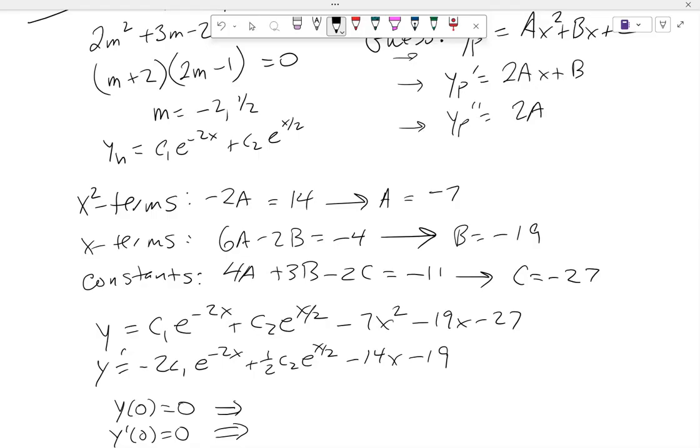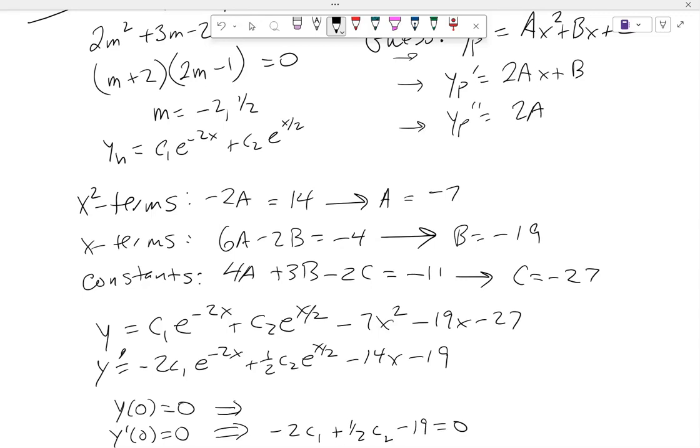What do you get when you put 0 into the original function? That's the derivative, but yeah, I'll do that one. Negative 2c1 plus 1/2 c2. There's another piece on that.